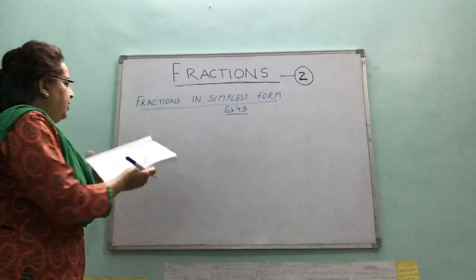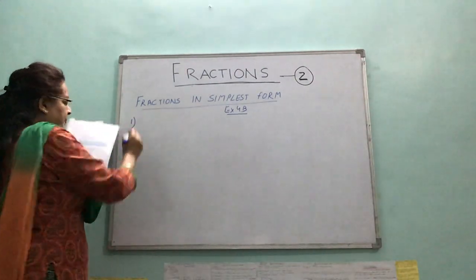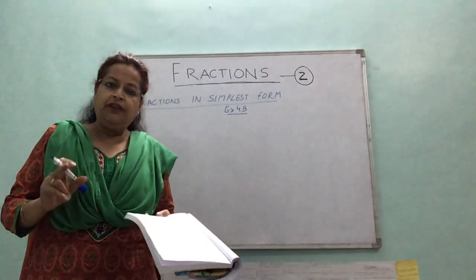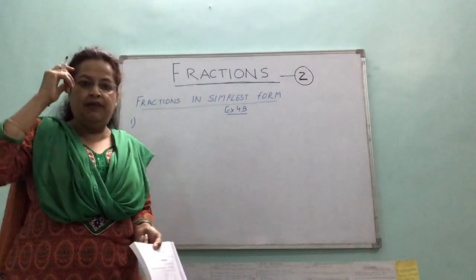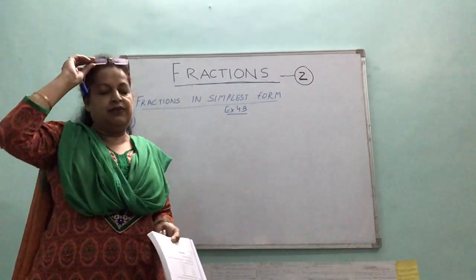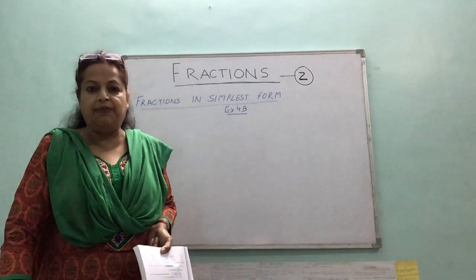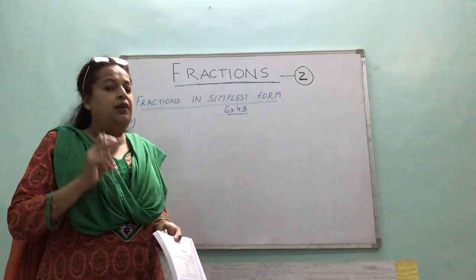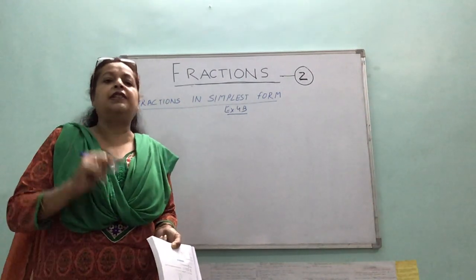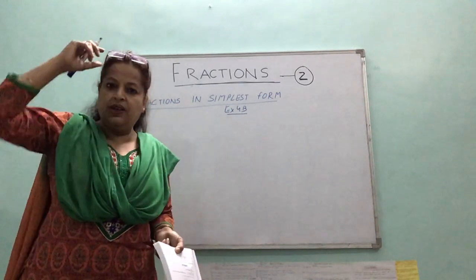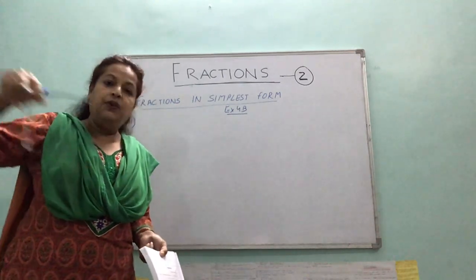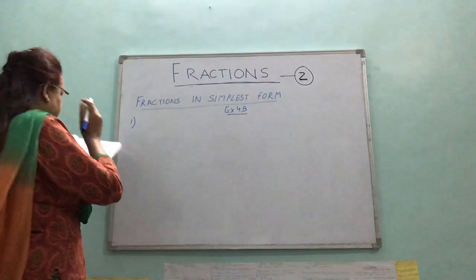Question number 1 says, which of the following fractions are in simplest form? Now here we don't have to change to the simplest form, we have to just tell whether it is in simplest form or not. To tell whether it is in simplest form or not, HCF should be 1. So in this case I will proceed by the division method to find HCF.